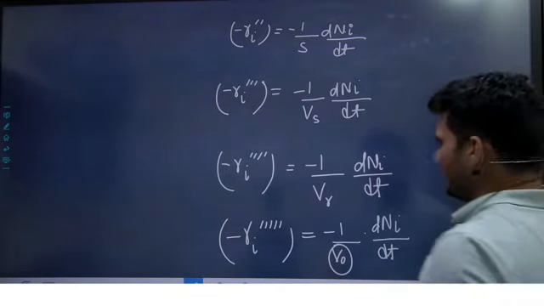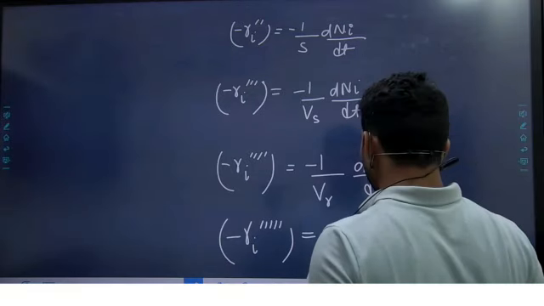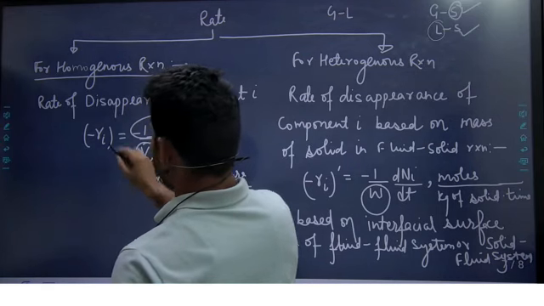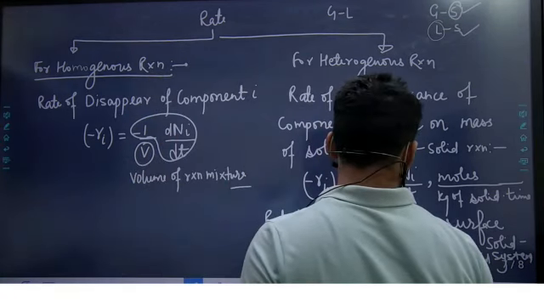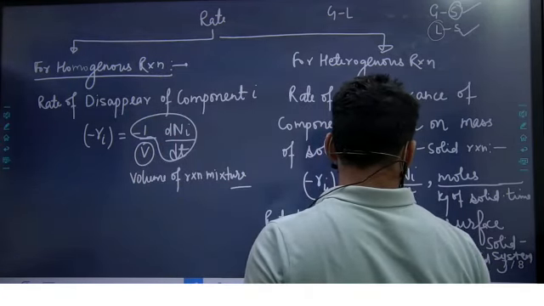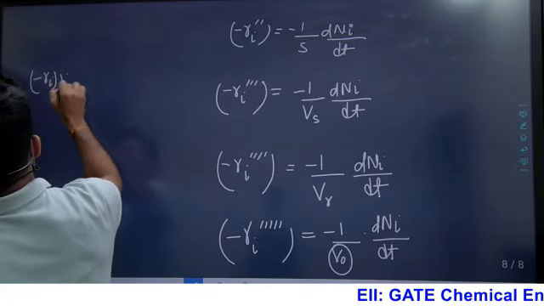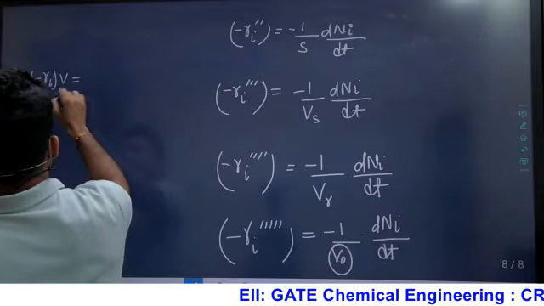So when you equate all the rates, what will you find? Minus dNi by dt will be your minus Ri into V, where V is the volume of the reaction mixture.